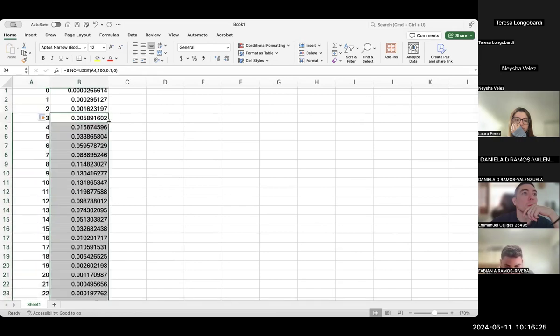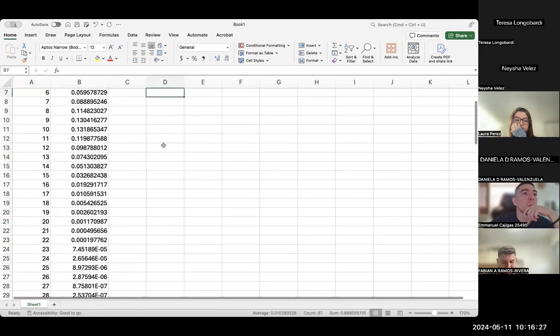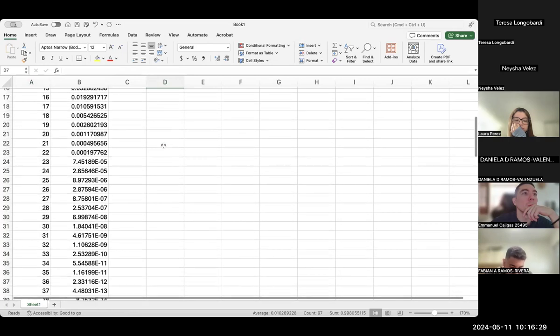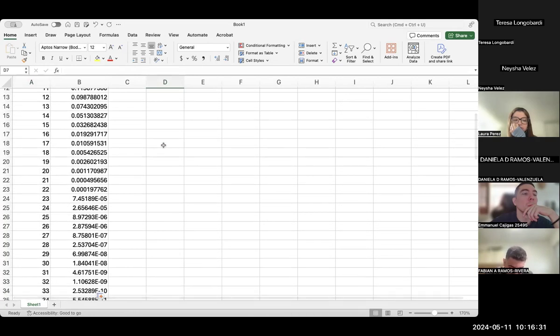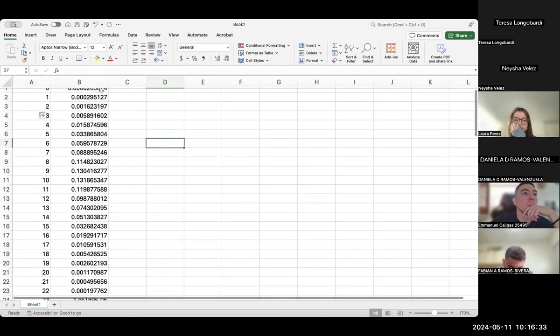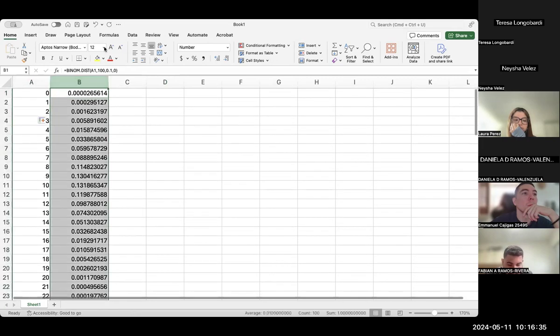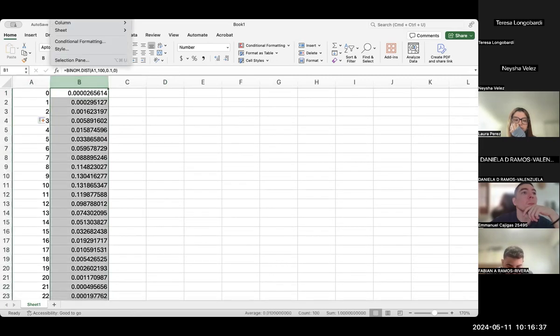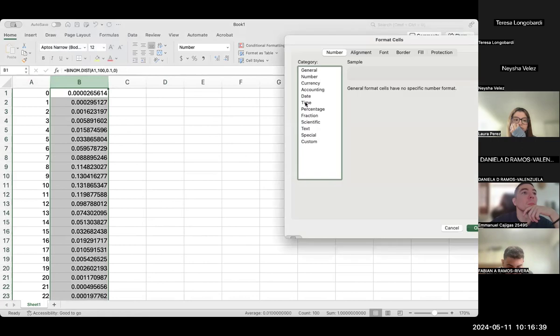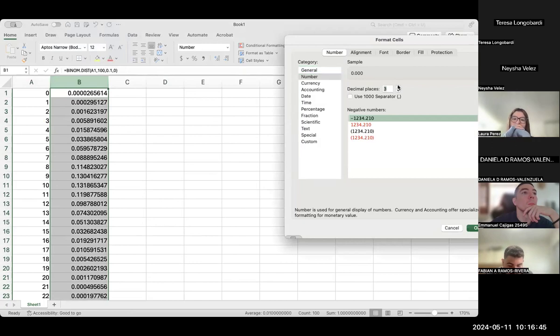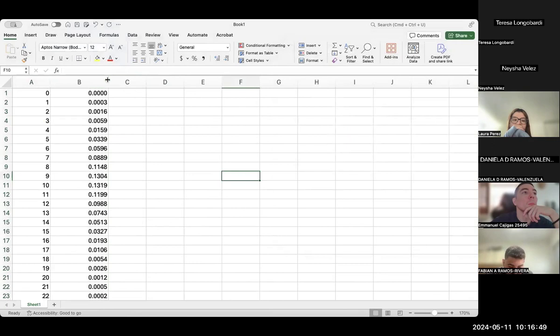All right, let's see. So there it is. That is the binomial distribution. And I can make it just for 2 decimals. Let's see if I make it for 4 decimals. Usually I like 4 decimals. Okay, keep that in mind. There you go, so it looks less scary.